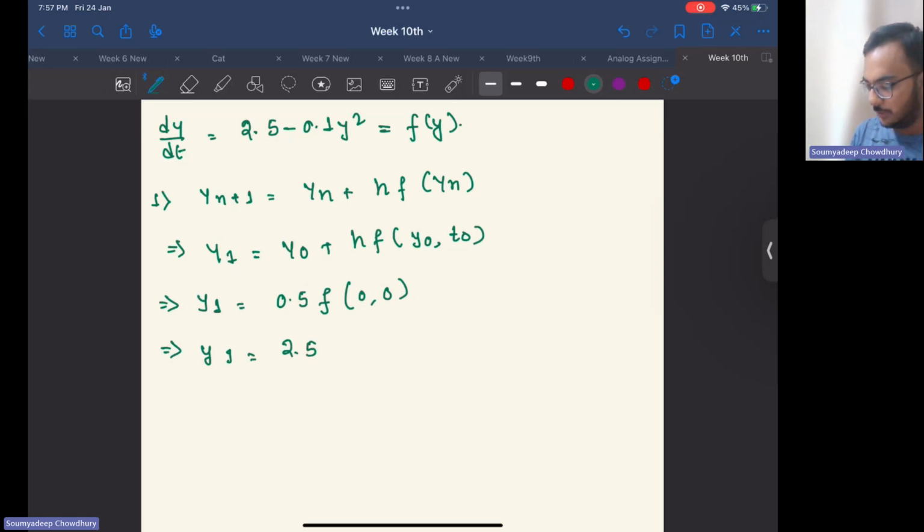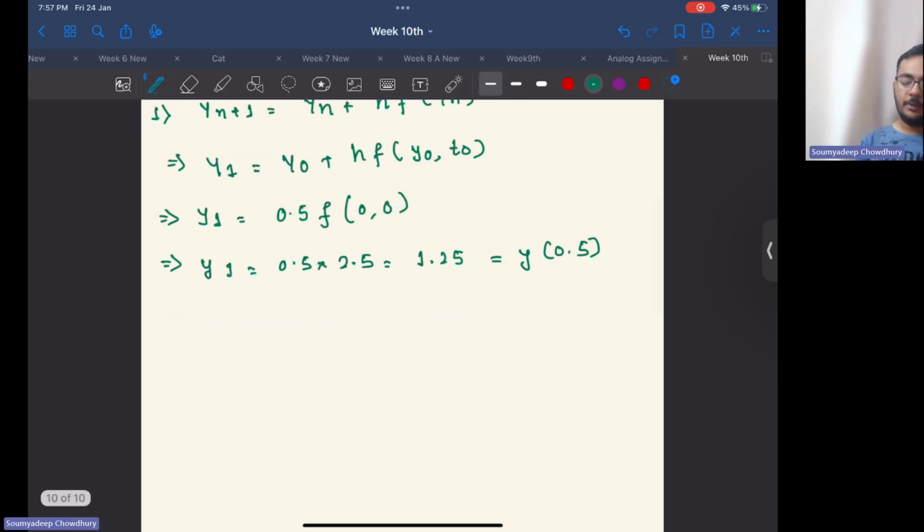So y1 we get as 0.5 into 2.5, so this is y of 0.5. The next step is y of 1.